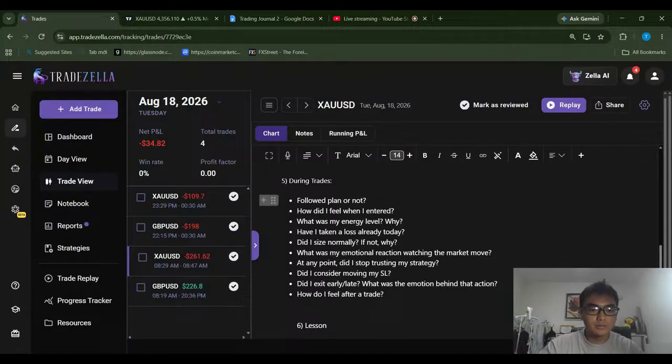On this day, I took two trades that I consider a setup. This is for XAU USD and GBP USD around this level, around the hours that I don't want to trade. I mentioned that I don't place any trade at 10 p.m. and also 11 p.m. This is not the trading hours that I mainly take a trade.